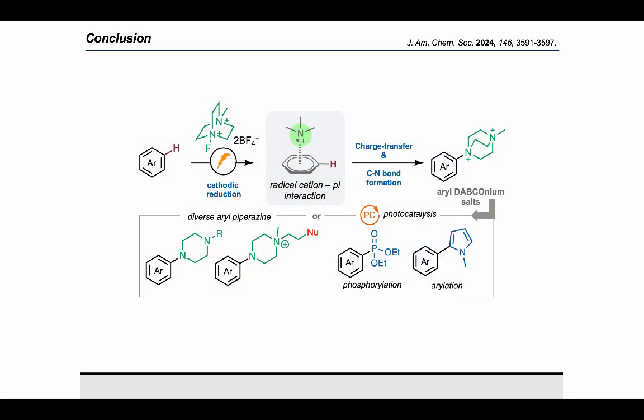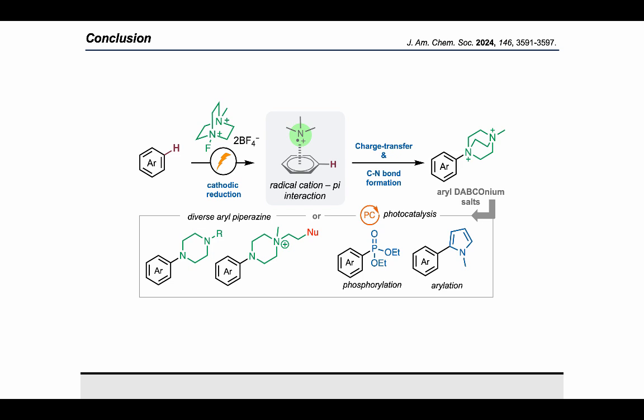To summarize today's talk, we report the first electroreductive aromatic carbon-hydrogen amination reaction. This electrochemical carbon-hydrogen amination reaction demonstrates exceptional site selectivity, broad applicability to various arenes, and compatibility with late-stage functionalization, leading to the formation of various aryl dapconium salts in one single step.